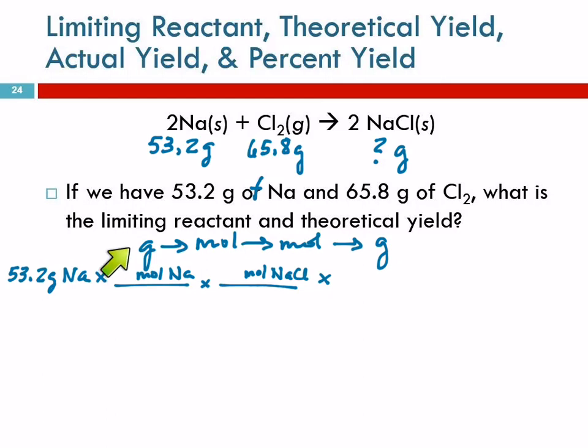So we've got grams to moles, and now we need to go to grams. So this last one will be grams of sodium chloride. Grams to moles to moles to grams. It's never moles to grams to grams to moles. You can't turn it inside out. It doesn't work. Grams to moles to moles to grams.